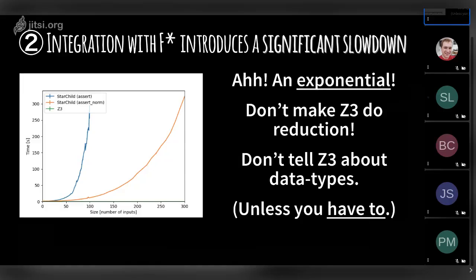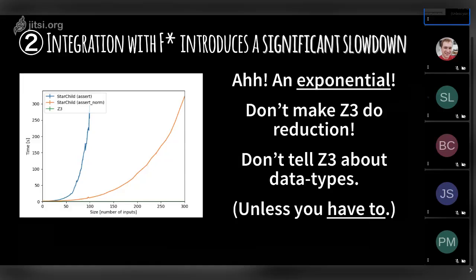Mind you, I don't have any evidence that any of these curves are precisely exponential, or that the Z3 curve doesn't go exponential right across the 300 boundary. This is just a measurement, really. The problem here seems to be that F* tries to do a very general encoding.